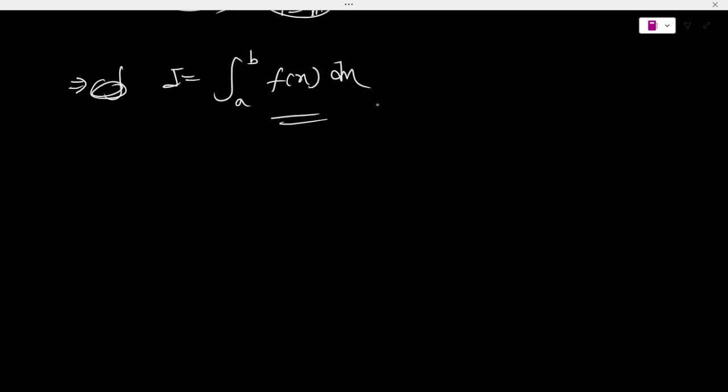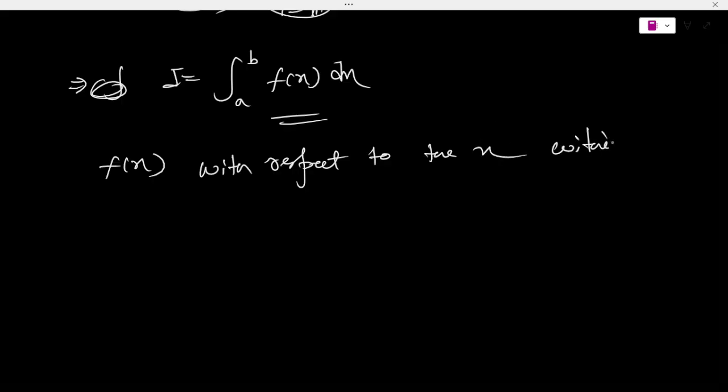I think it is clear. So here is the integral of f of x with respect to x, within the limit x equal to a to x equal to b.